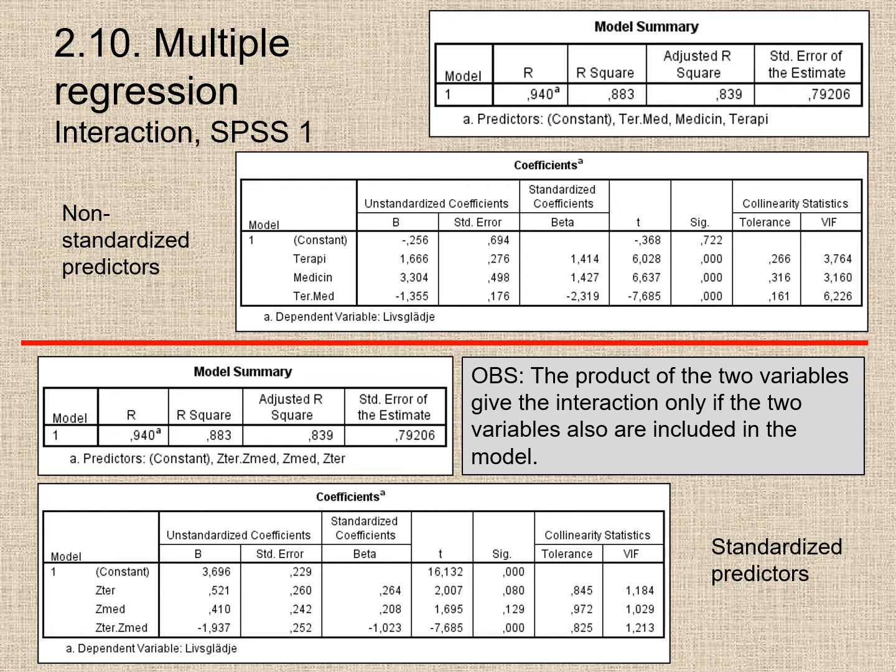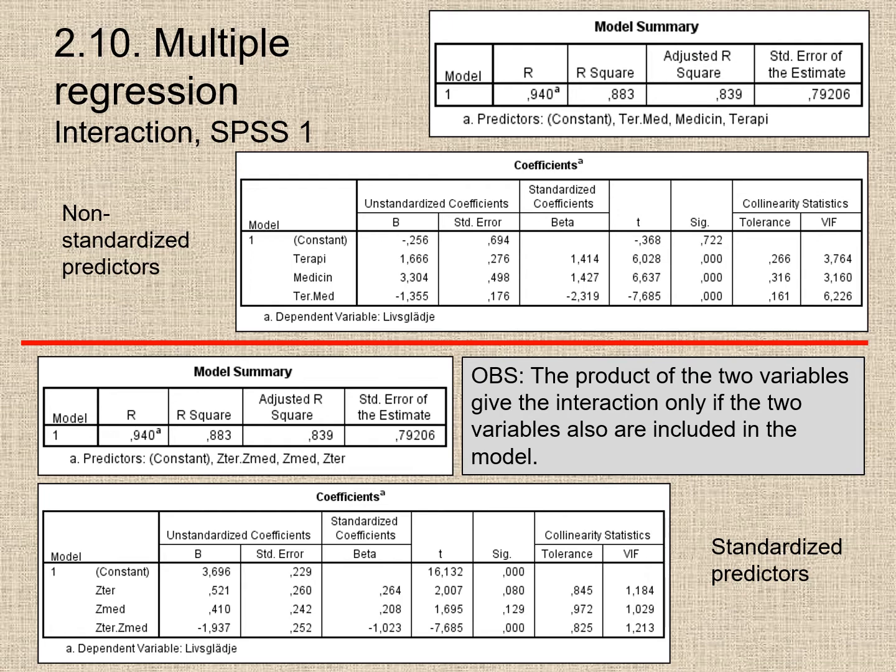In the first model, what does minus 0.3 stand for? Predicted life satisfaction if the values are 0, which means no treatment and no medication. If you receive no treatment and no medication, your life satisfaction is expected to be minus 0.3.